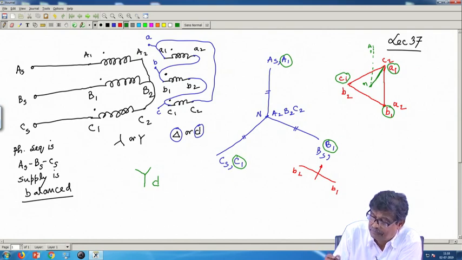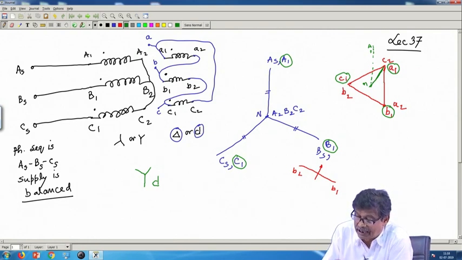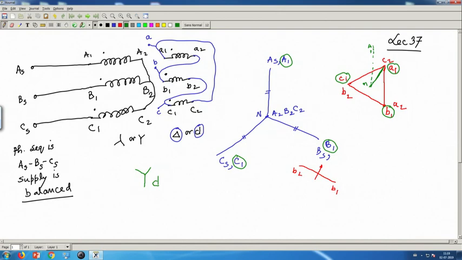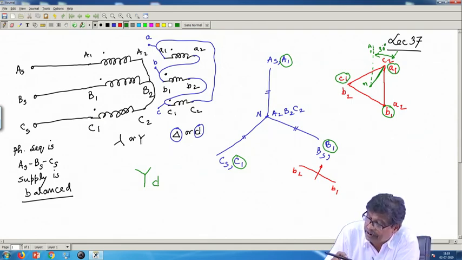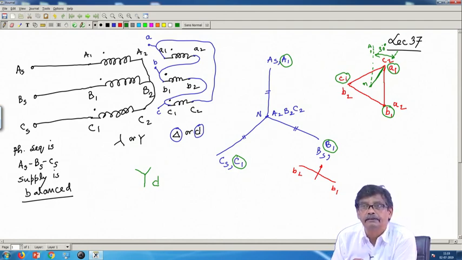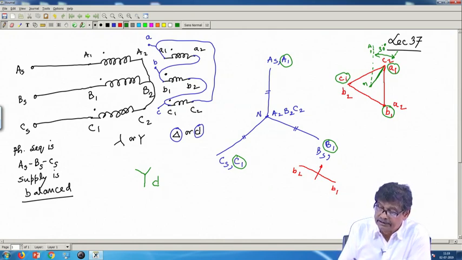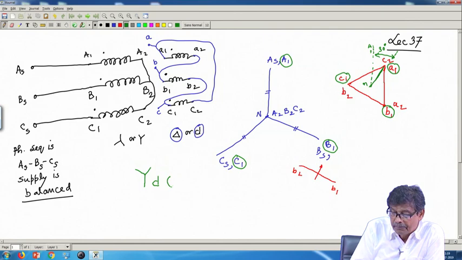You should not make confusion that capital N and small n are connected. No, small n is not there in fact. But anyway, that is the A1 phase vector, that is vertical. So, I find that this voltage lags the phase voltage with respect to the neutral on the primary side by 30 degree. And I write it as lagging, so maybe minus 30 degree I will be telling it.